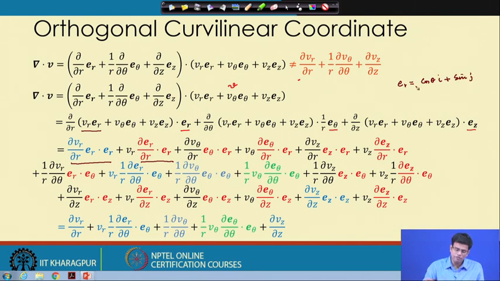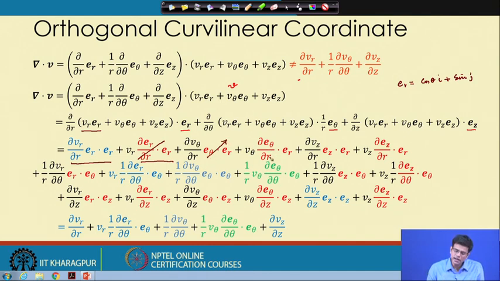So it is not a function of r, and that is why this quantity will be 0. So this quantity goes off. Now similarly E theta dot er will be 0 because it is an orthogonal system. So this quantity will also go to 0.